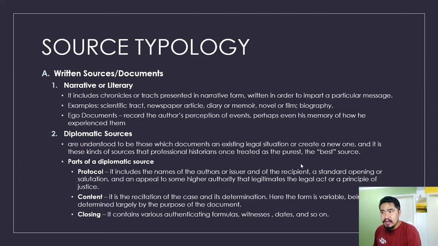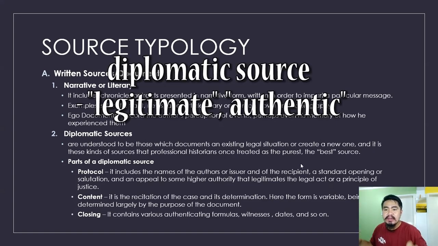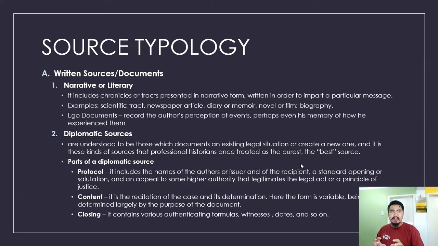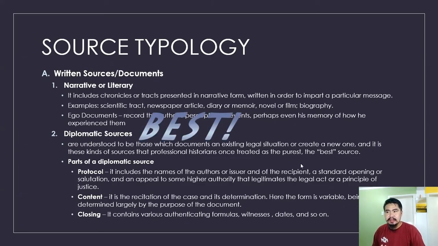Okay. Now, going back to the first one, remember narrative, narrative form, from its term. Then the second would be diplomatic sources. When we talk about diplomatic sources, the key terms: diplomatic sources are considered to be the legitimate sources. They are legit, authoritative, authentic, and historians have stated that diplomatic sources are the best sources.